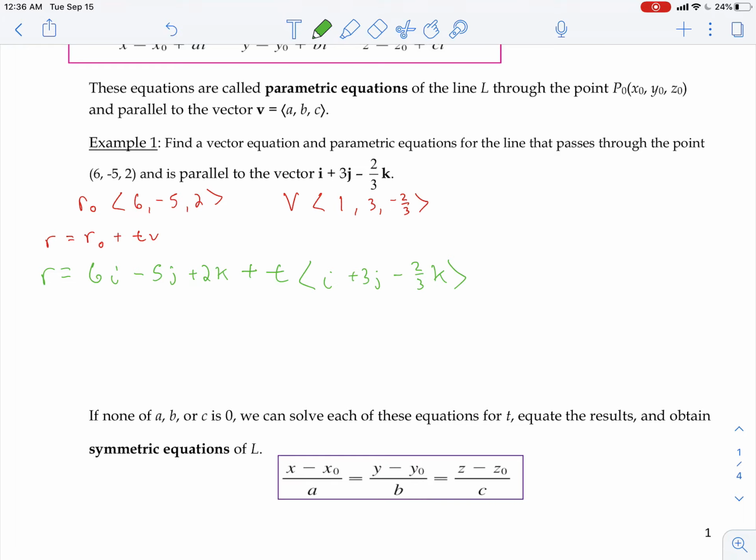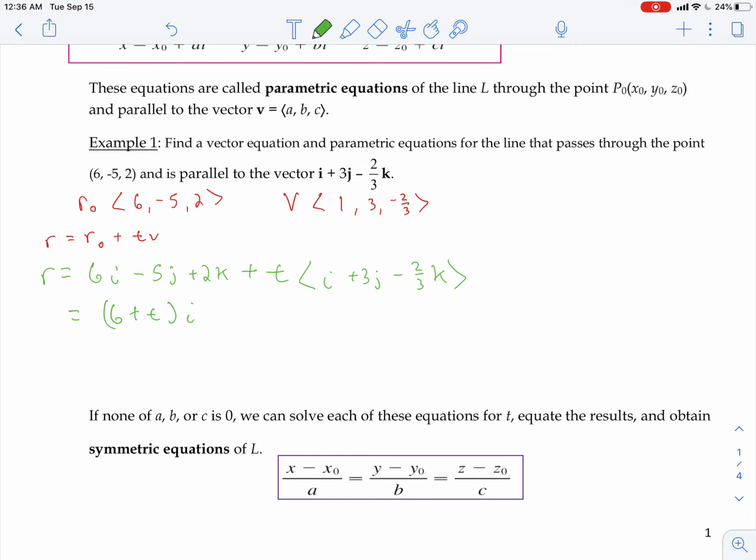And now I can go ahead and combine my components together. So everything that has an i term: I have 6i plus ti, so I'm going to write that as 6 plus t. And this basically right here is going to be my vector equation, but I'm going to clean it up a little bit.